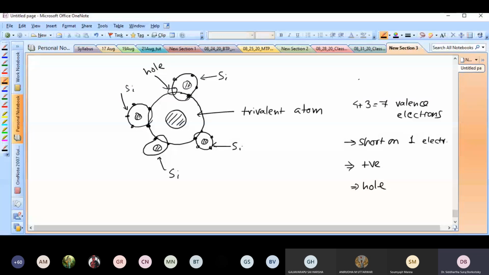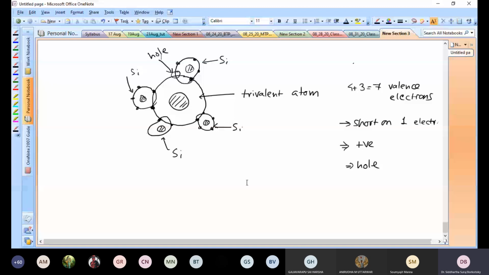So you can think of this entire structure, this trivalent atom along with these accompanying silicon atoms, as a unit that is basically short on 1 valence electron. So that means it can accept 1 electron, and that is why you can think of it as a hole. So that is how, by including trivalent atoms, you can create a hole.